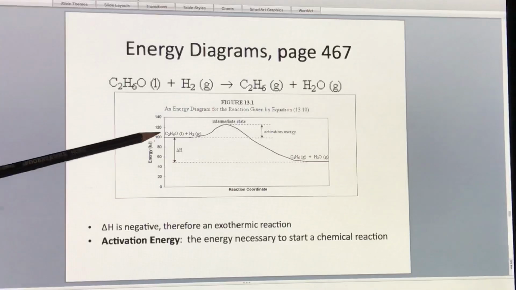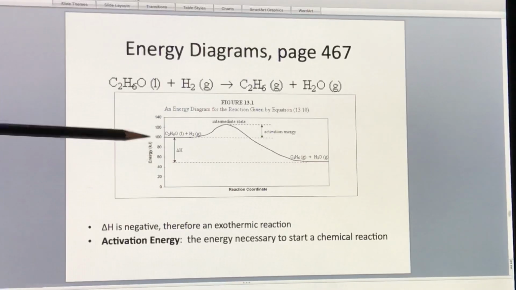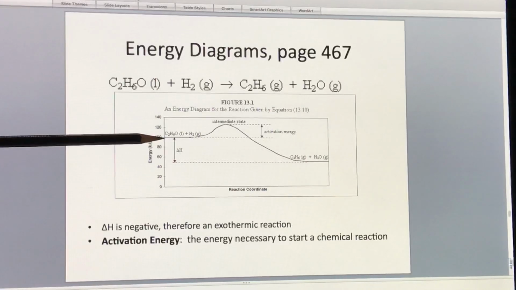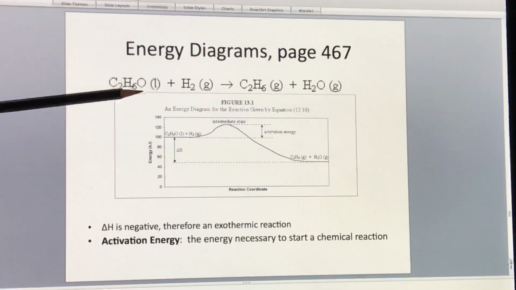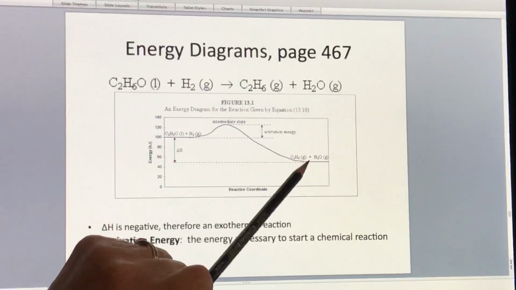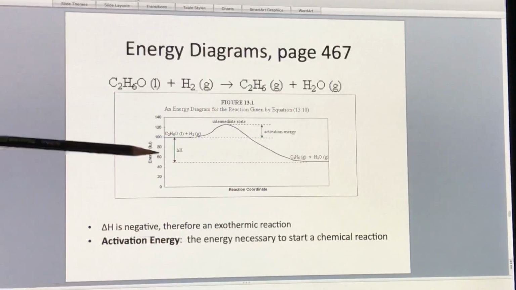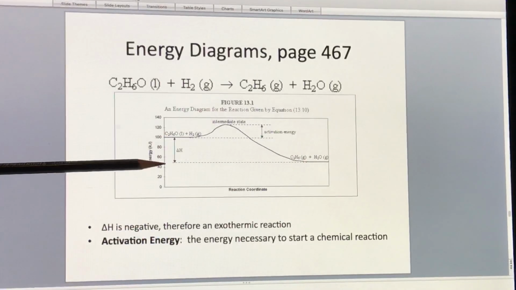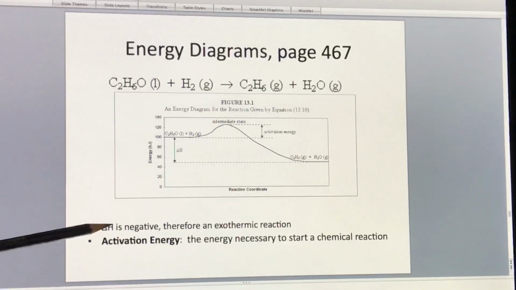So some of the things that we're looking at here first are the difference in the energy level between the reactants, or this side of the equation, versus the products here at this side. So we're starting at 100 and we're dropping down to 50. That's a negative delta H, and so therefore this tells us it's an exothermic reaction.